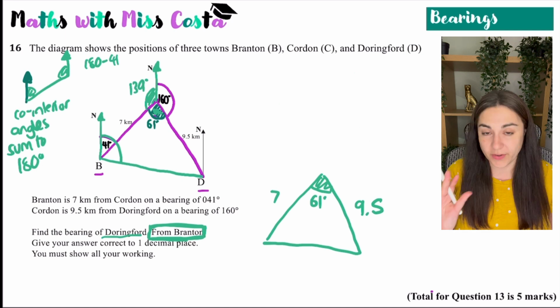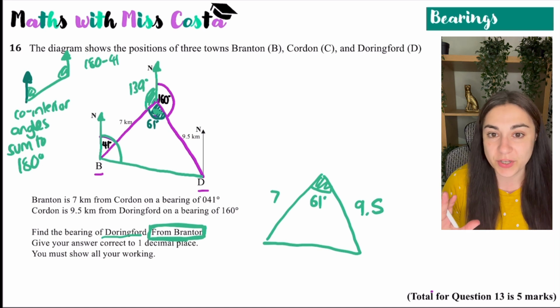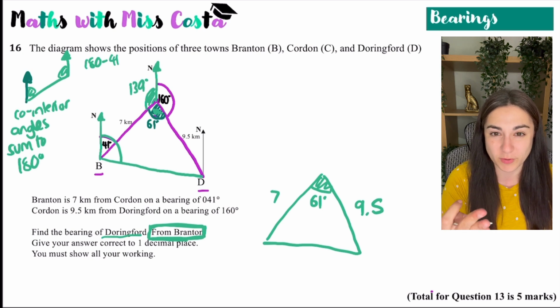I've got two sides and one angle, and the trick when using the sine rule is to have two sides and their corresponding angles, one of which you want to find out.